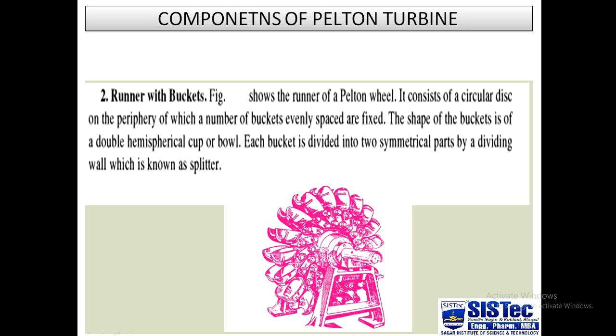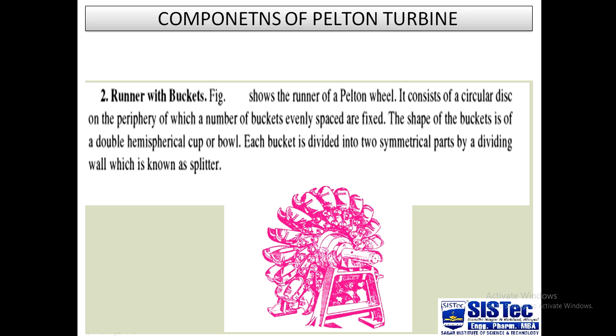The next portion is the runner with vanes and buckets. This diagram shows you the typical shape of the runner of a Pelton wheel, and the portions projected outside are known as buckets.